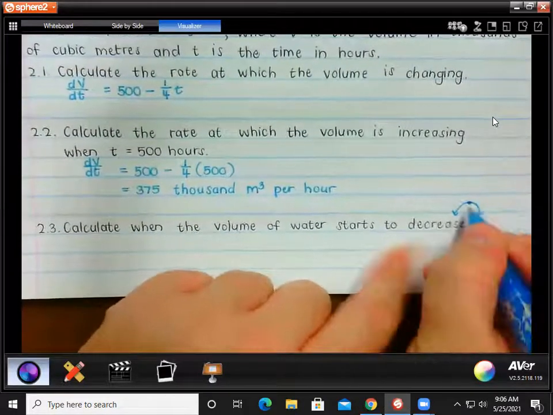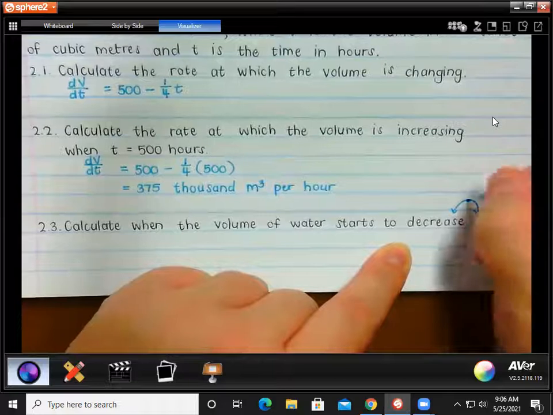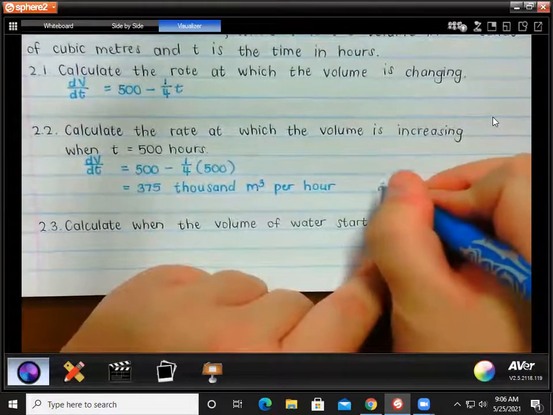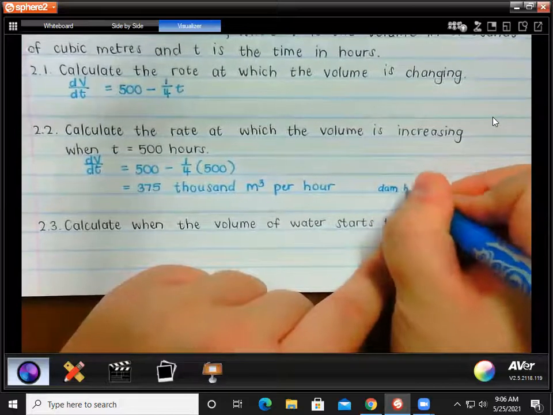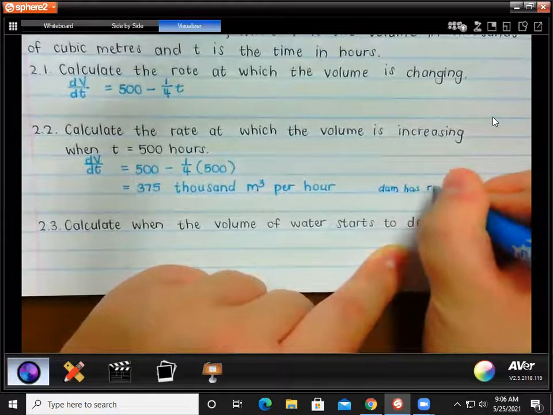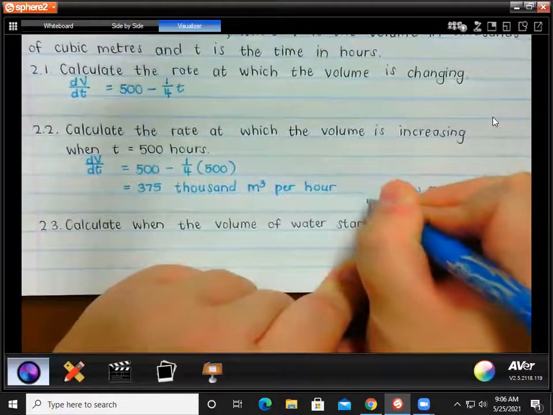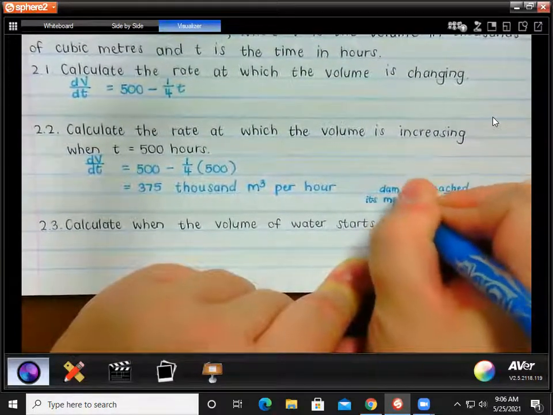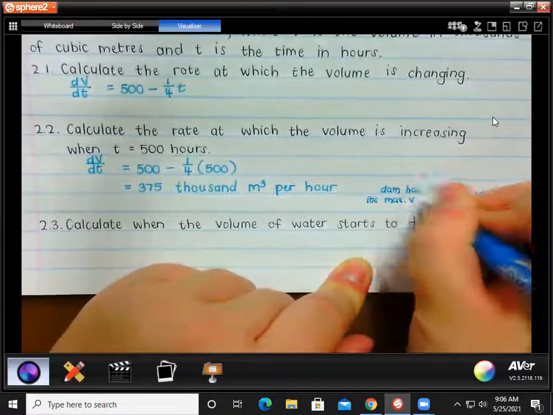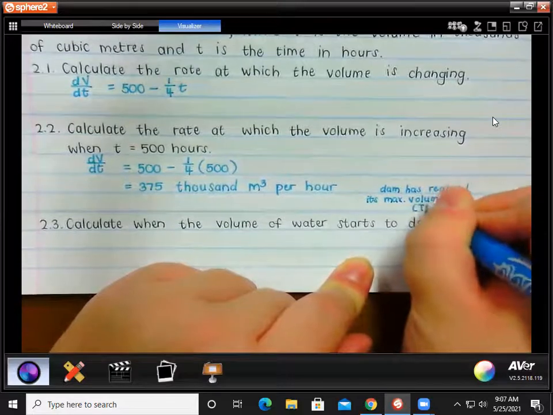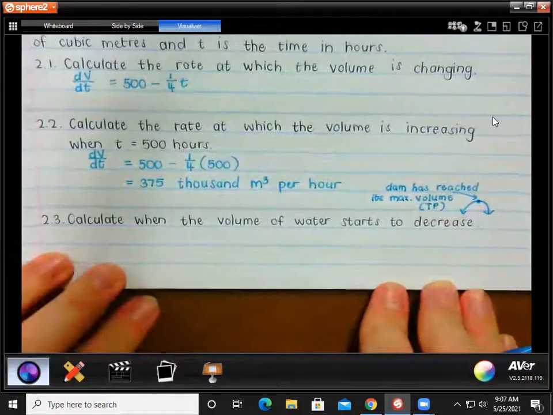I'm running out of space a bit, but let's just say at that point the dam has reached its max volume, and that is at the turning point.